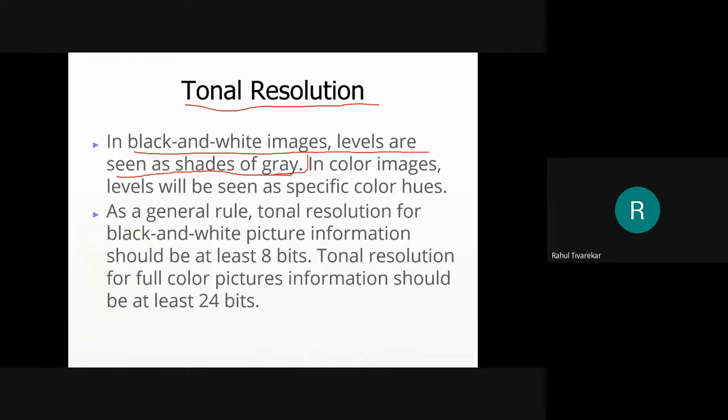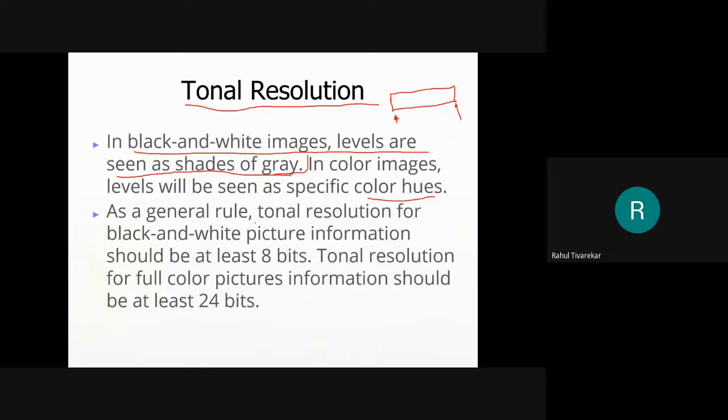That's it. There is not much discussion here. In color images also we can have a specific color used. For example, red color also can have very low intensity to very high intensity. So a single color, red, itself can have varying levels of intensity.